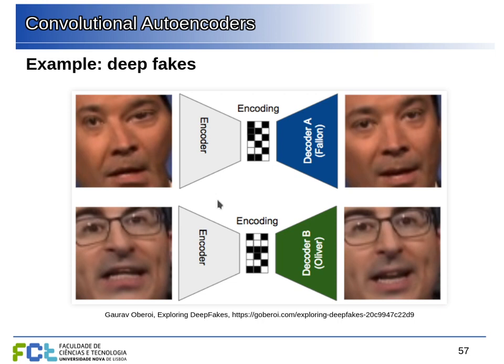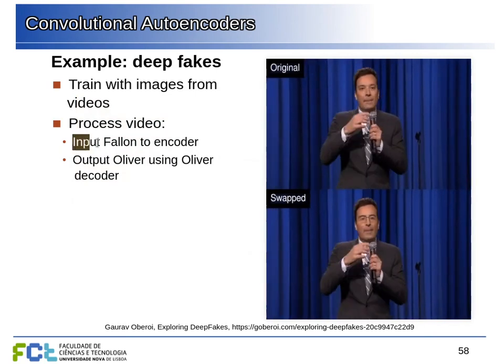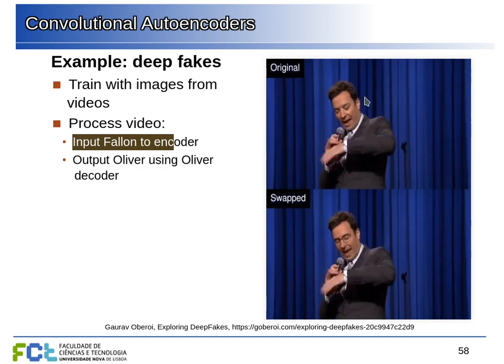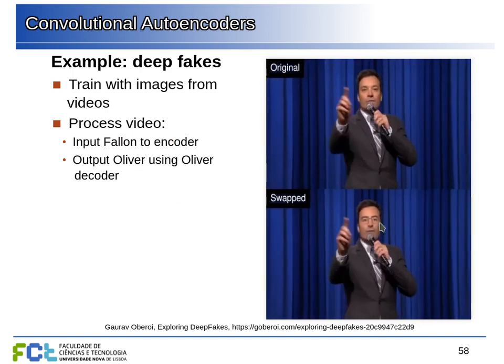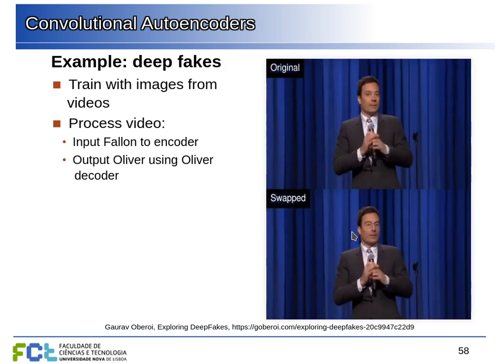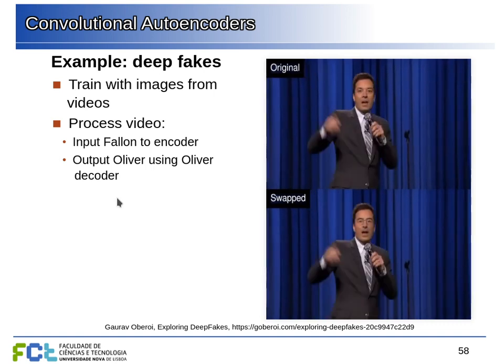So basically, this encoder is learning a common representation of images of Jimmy Fallon and John Oliver, but these decoders are specialized in generating images either of Jimmy Fallon or John Oliver. So what happens when we use the encoder to encode images from Jimmy Fallon, which is the original video, but then we use the John Oliver decoder to reconstruct the image? What we have is that now we have John Oliver replacing Jimmy Fallon in the video.